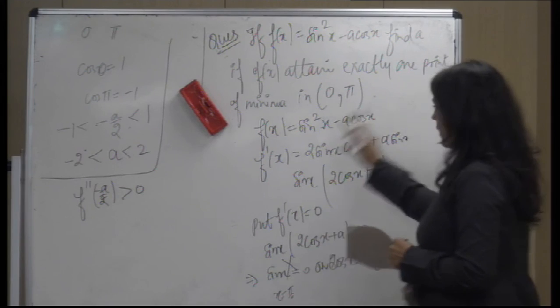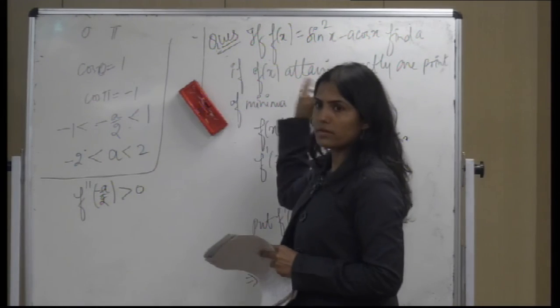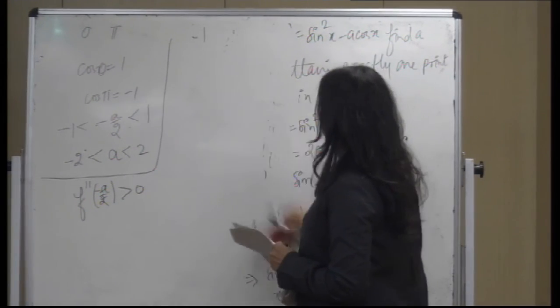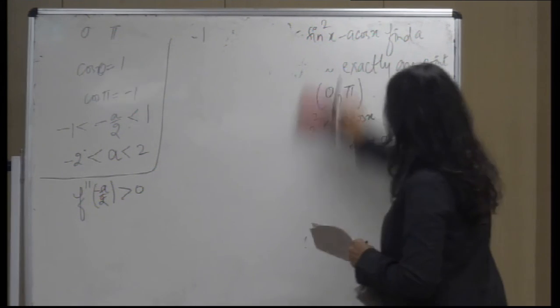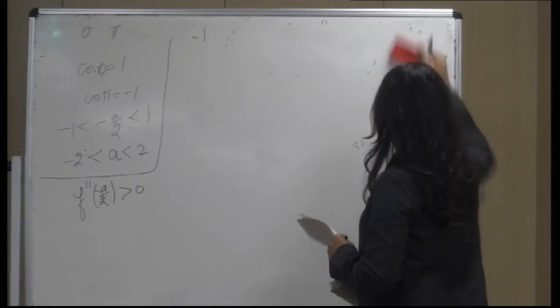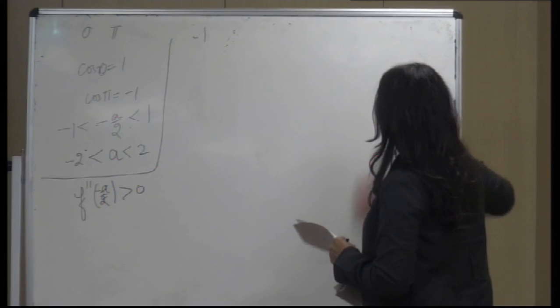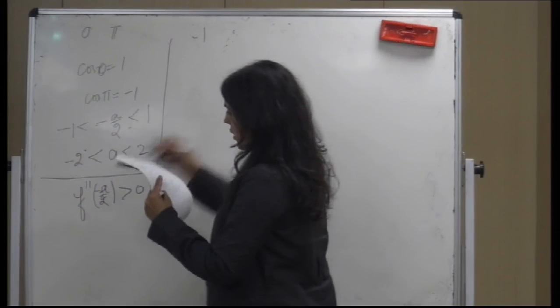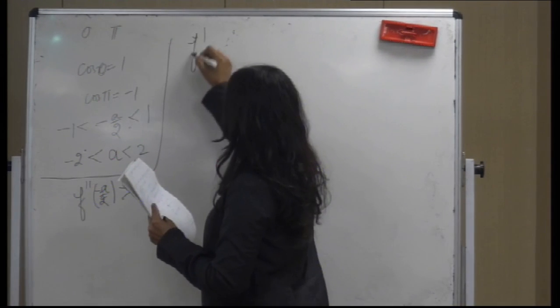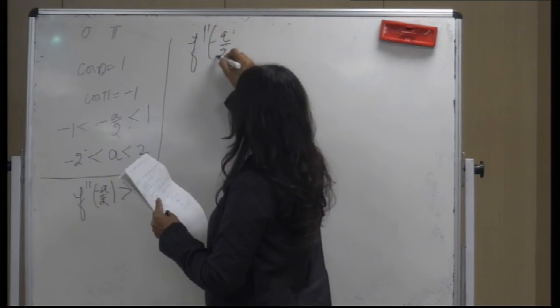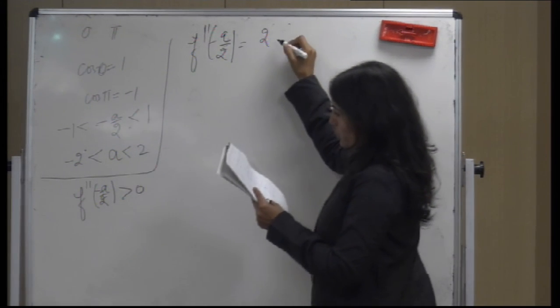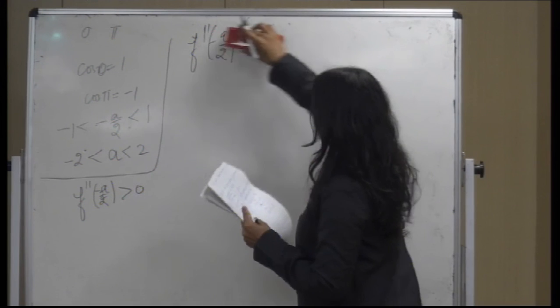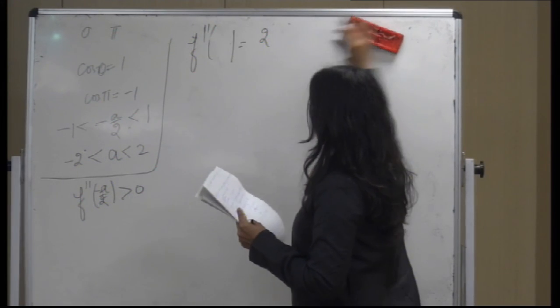Can I rub this side? This side I can rub. So tell me quickly, what relation are you getting? I think my answer is f double dash minus a by 2. First I should write f double dash x. Anybody got it?